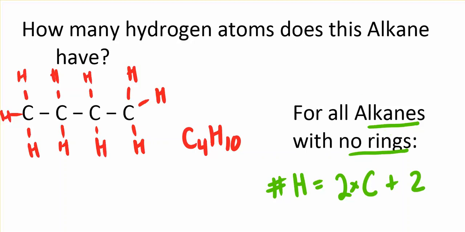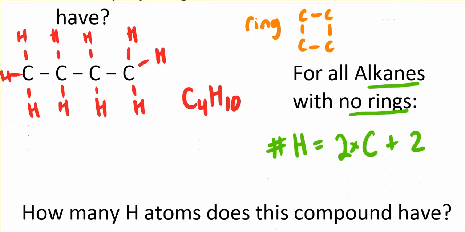The no rings part is this. You can have a compound that has a ring instead of having a chain. So this formula only works for this case if there's no rings and only single bonds between carbons.